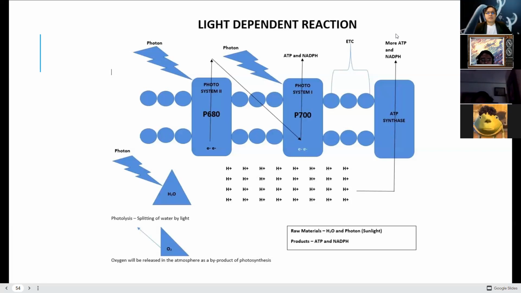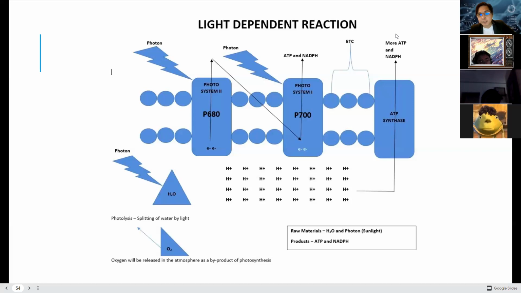Again, in the light-dependent reaction, it started with photosystem 2. Light strikes photosystem 2. But all of these processes are actually working simultaneously. But the process there is, it will strike first photosystem 2, going to photosystem 1.